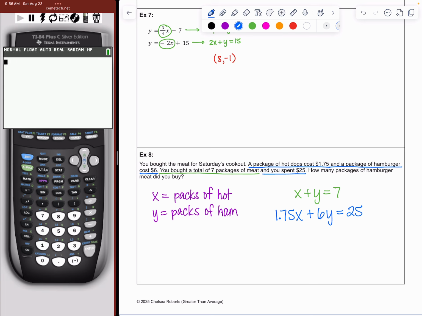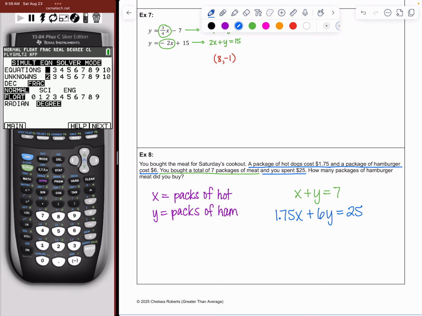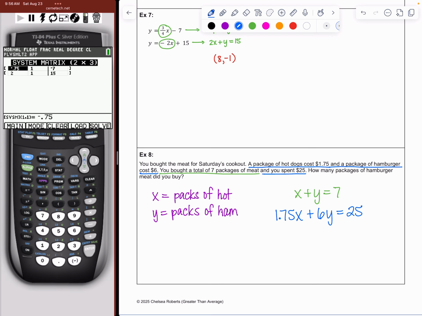Now all I have to do is go to apps, PolySimul 2, simultaneous equation solver, 2 equations, 2 unknowns, and I can put 1, 1, 7, and then 1.75, 6, and 25. I press the solve button and I get 4 and 3.